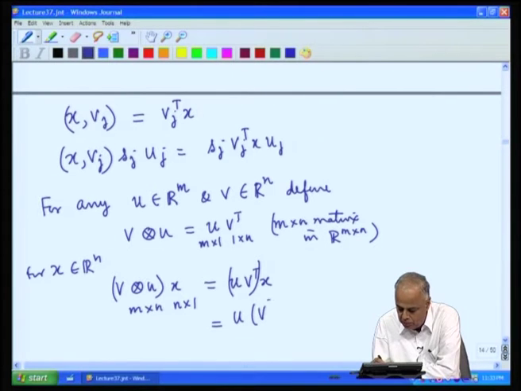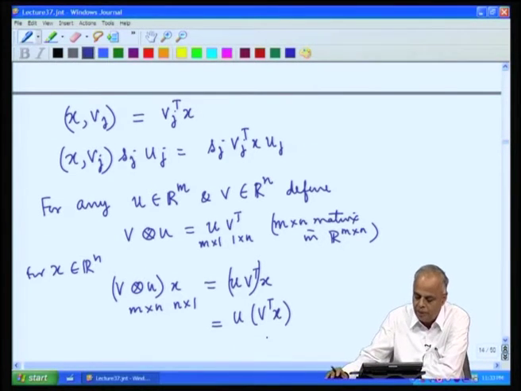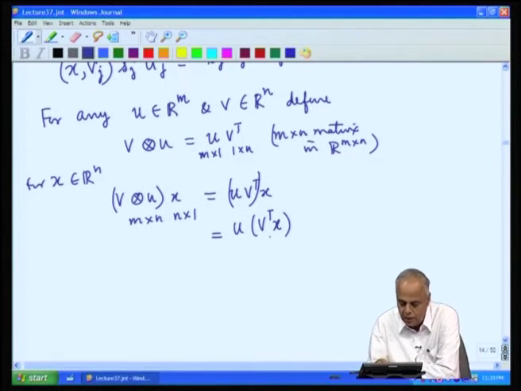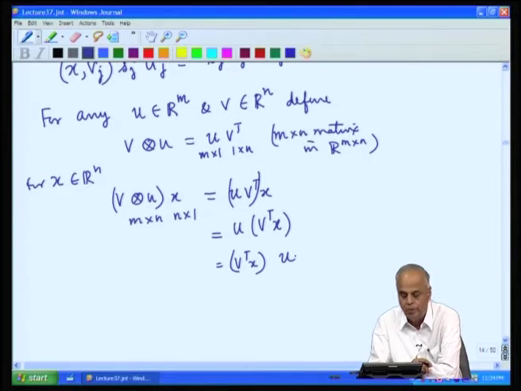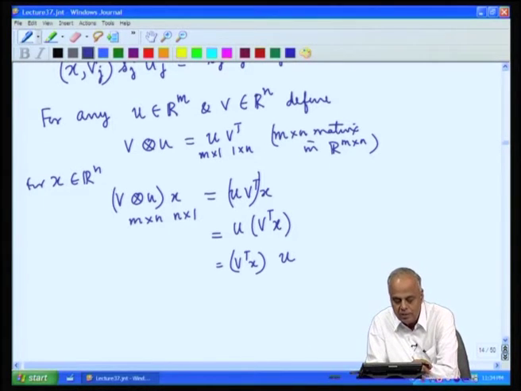Matrix multiplication is associative, so I can write it as u times v transpose x. v is in R n, x is in R n, so v transpose x is a number. So, we can write this as v transpose x times the vector u. So, for any x in R n, v tensor u acting on x is equal to v transpose x times u.